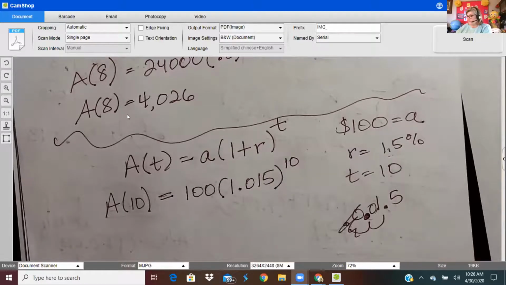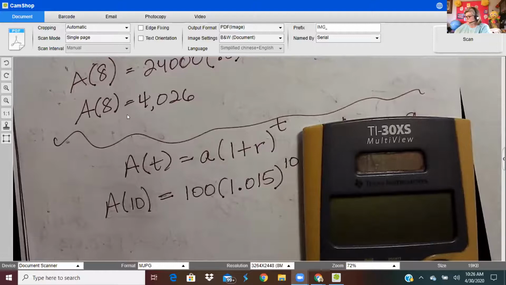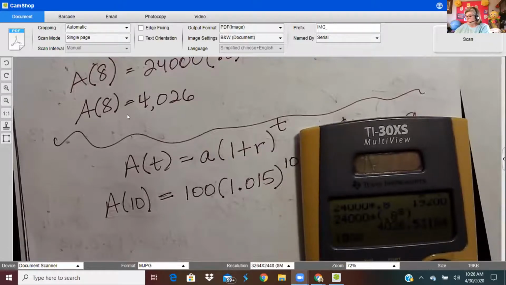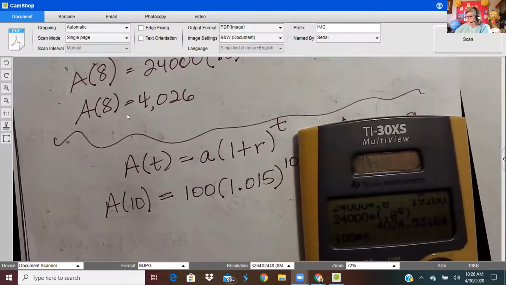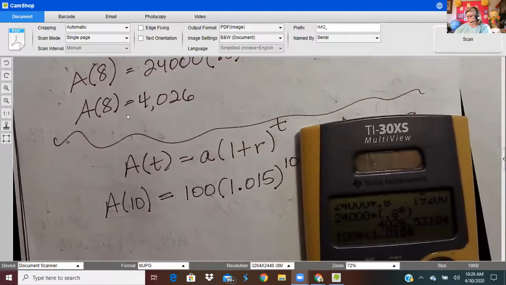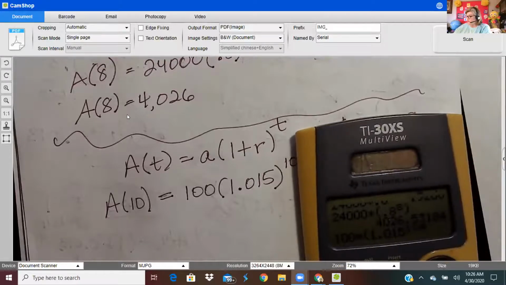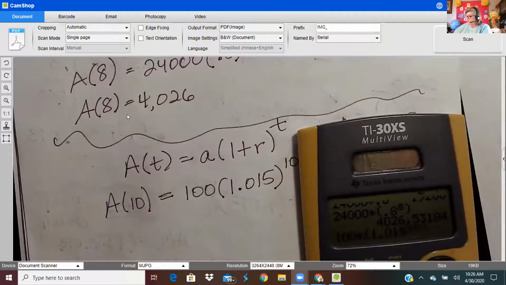Let's see, how much does our $100 grow? So 100 times, open parentheses, 1.015 raised to the 10, close parentheses.